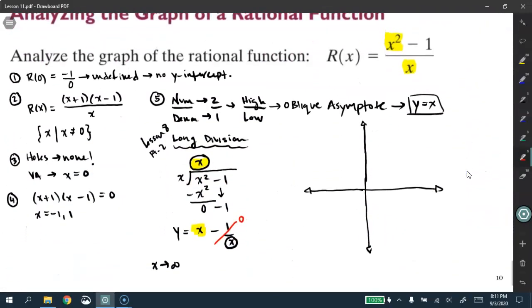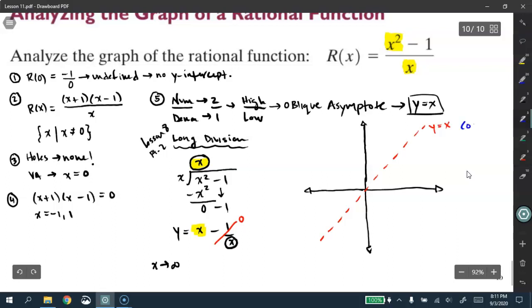In this question, it's an oblique asymptote, and it's basically going like this right here. It travels like this, and this is a line called y equals x. So this is our oblique asymptote.